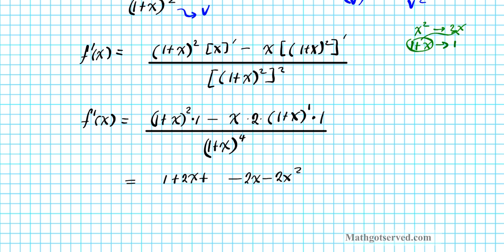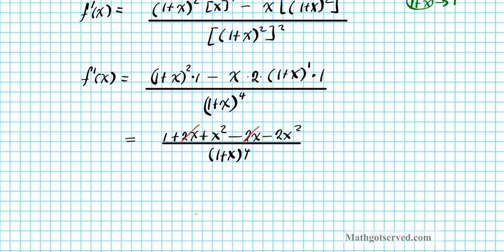This is plus x squared. All right, so we have the numerator expanded out completely. Let's see if we can combine like terms. So in the numerator, the 2x and negative 2x add up to 0.